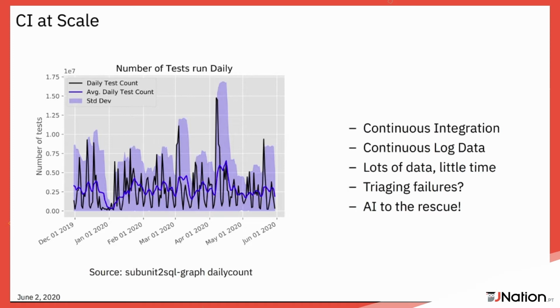So even though things were normally running smoothly, from these numbers you can imagine every now and then failures happened. All this testing produced a lot of data and a lot of logs. And the beauty of this is that because it's open source, the data produced by the testing is also open data. We thought this was a great opportunity for us to jump in and do some machine learning in the open.